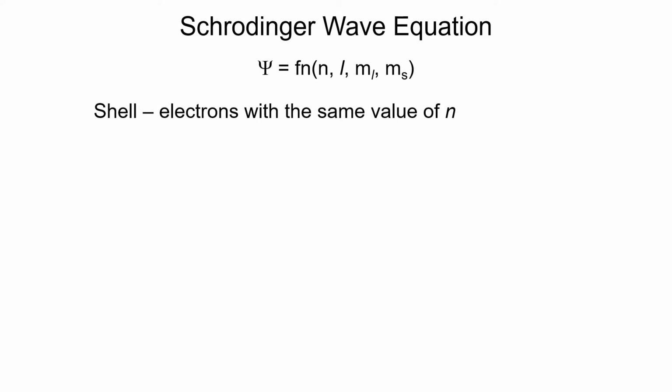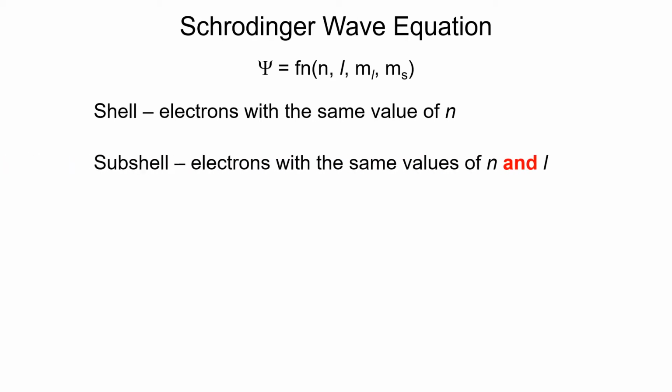All right, so electrons with the same value of n are in the same principal energy level. If the electrons have the same value of n and l, they are in the same subshell.